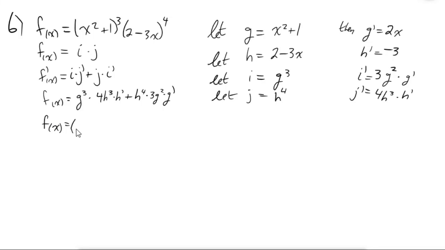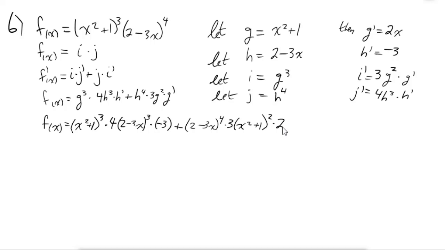So that is equal to x squared plus 1 to the power of 3 multiplied by 4 times my h, which is 2 minus 3x to the power of 3, multiplied by my derivative of h, which is negative 3, plus h to the power of 4, so 2 minus 3x to the power of 4, multiplied by 3 times g to the power of 2, so x squared plus 1 to the power of 2, multiplied by the derivative of g, 2x.